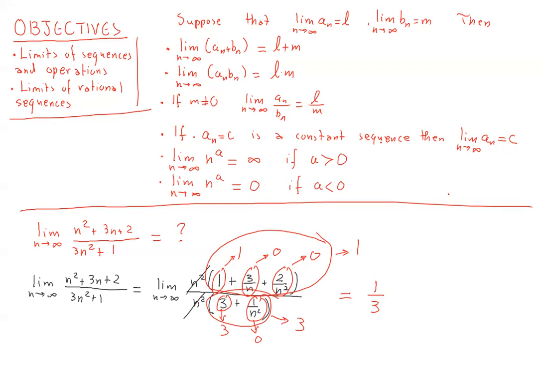Let's take a look at what will happen when the degree of the numerator is greater than the degree of the denominator. So let's say that we have n cubed plus 7n squared plus 2 over 3n squared plus n plus 1. So we pretty much argue the same way. On the top, the highest degree is n cubed.